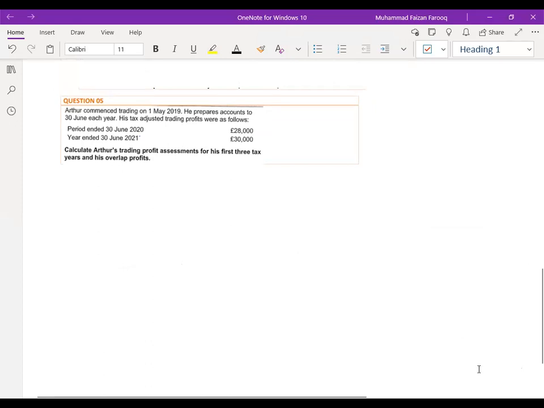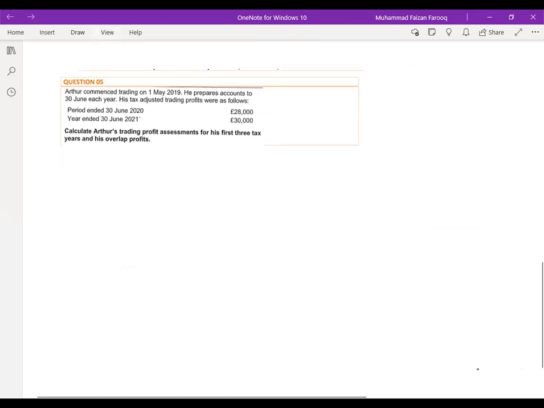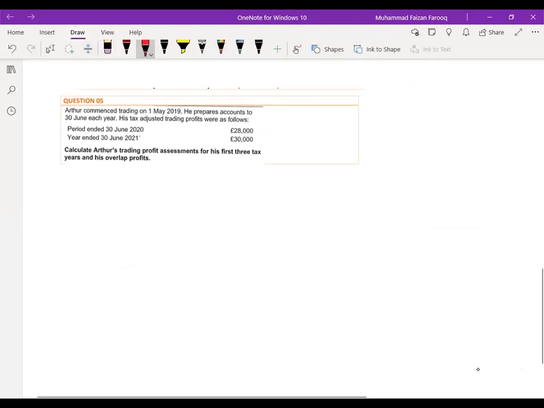So I will make our format, which was tax year, then basis period, then we have working, and at last we have amount, which is also known as assessable profit. Okay. So what will be the first year, please?